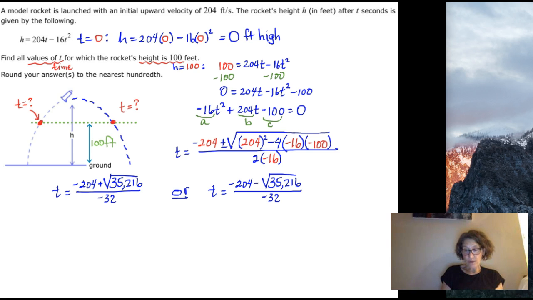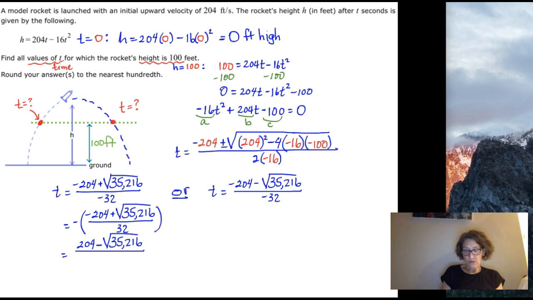So in the first one, I first get negative and then parentheses, negative 204 plus that radical all over positive 32. And now I'm going to distribute that minus sign in the numerator. So that means I have a positive 204 minus that radical.